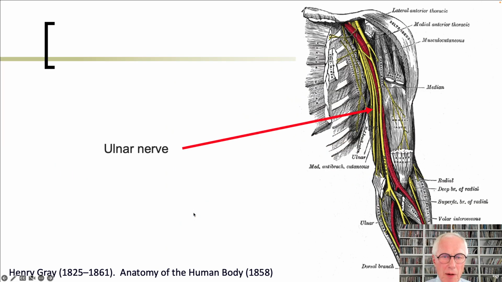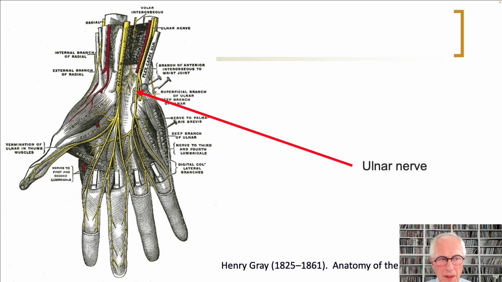In the upper arm, it passes along with the artery and the median nerve, and in the lower part of the upper arm, it will separate and pass behind the medial epicondyle into the forearm. And in the hand, it will finally branch into the distal branches.